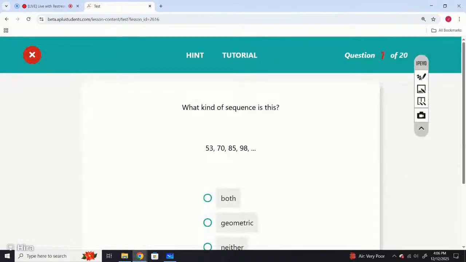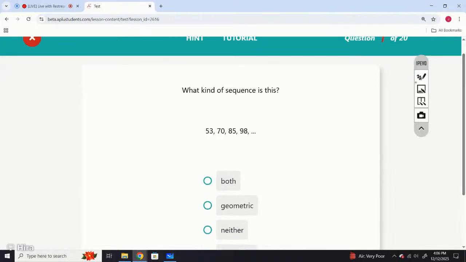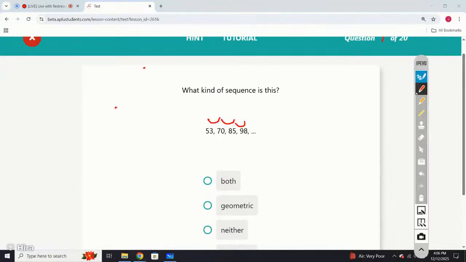What kind of sequence is this? 53, 70, 85, and 98. So that is increasing, right? 70 minus 53 is 17.